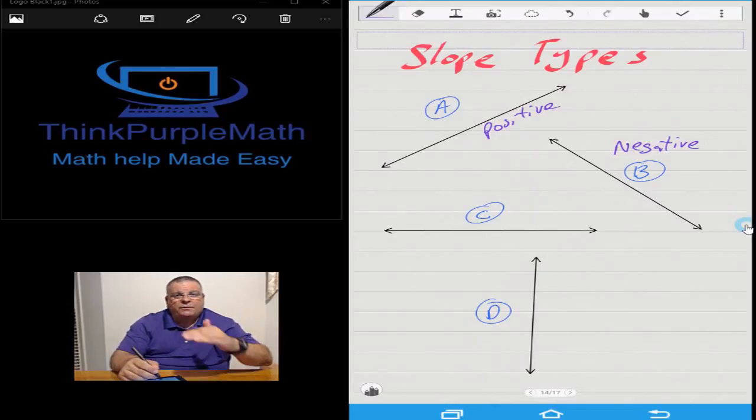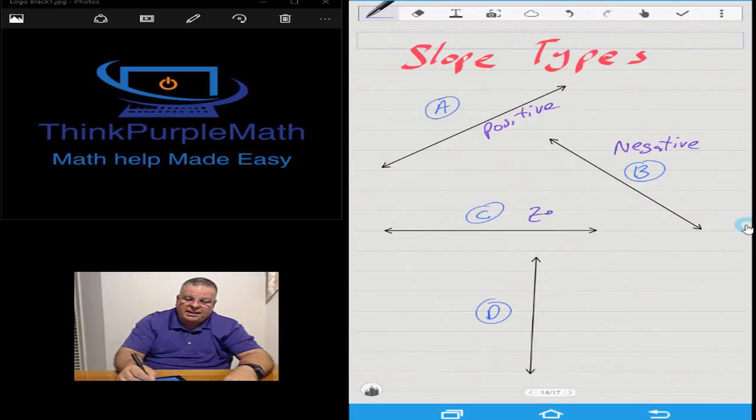Line C, if it's a flat horizontal line, this has a 0 slope. So that previous slope that we computed where it was a 0, if you were to plot those 2 points and connect them, it would give you a flat vertical line. A horizontal line, my mistake.